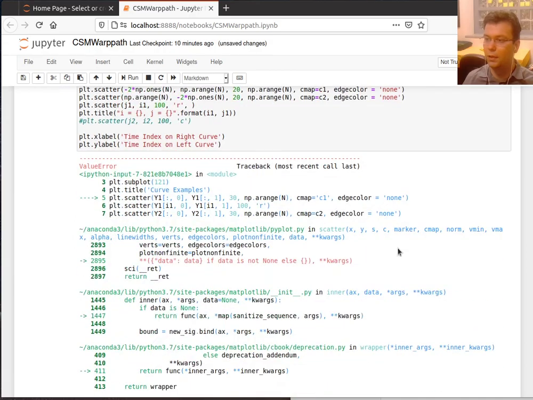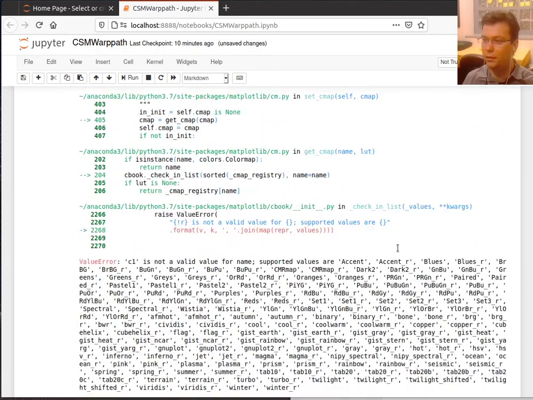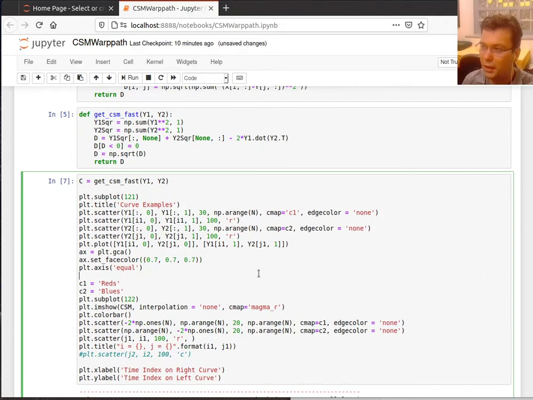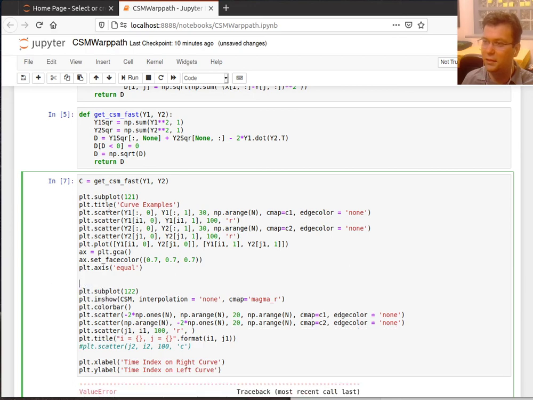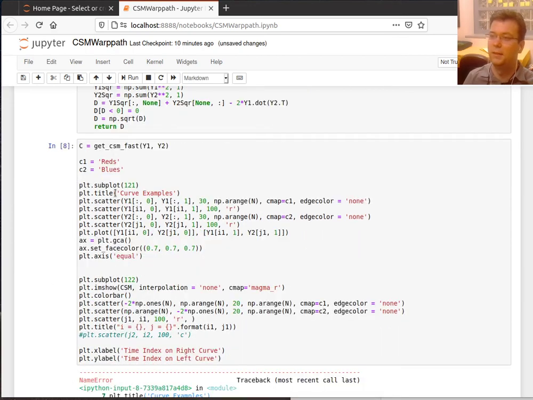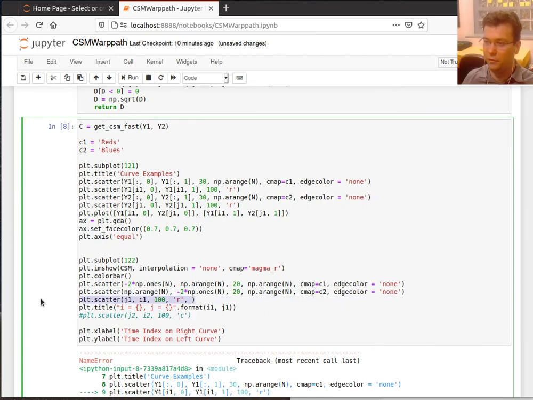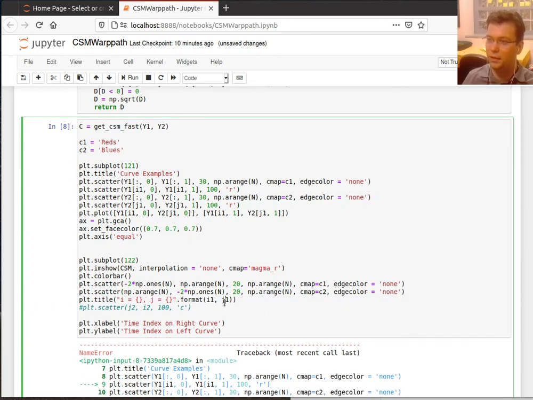Okay. And what do we have a problem with here? Big errors. It's telling me I'm using the wrong color map. Oh, I meant to say, okay, this goes up here. This was left over from class. I'm not going to use this anymore.